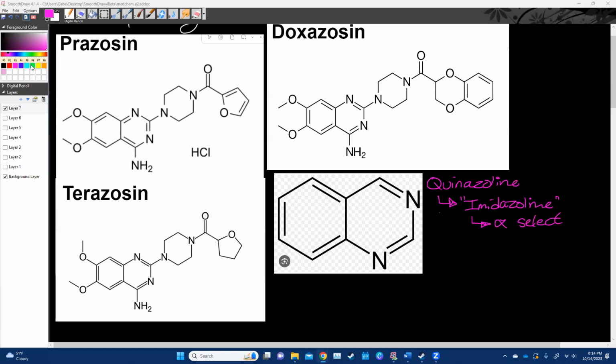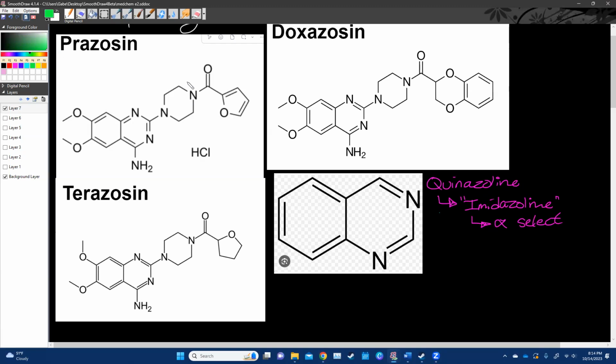The reason why they are 1A and 1B is that they all contain this piperazine group in the middle. For some reason, having this piperazine group is what enables circulatory selectivity.